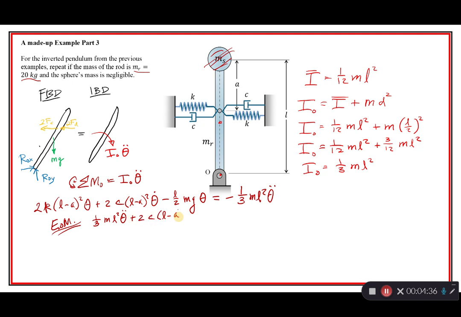(L minus a) squared theta dot, oops, get that out of the way, plus 2k (L minus a) squared minus 1/2 mgL theta equals 0. So that would be a long equation of motion. We could shorten it down.